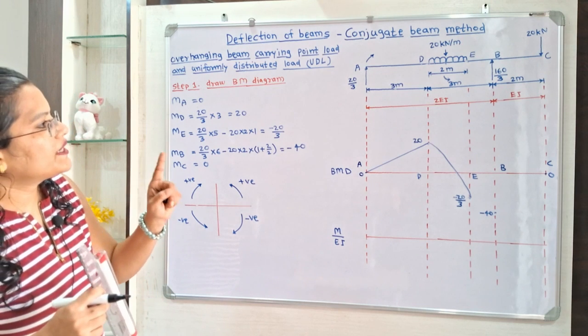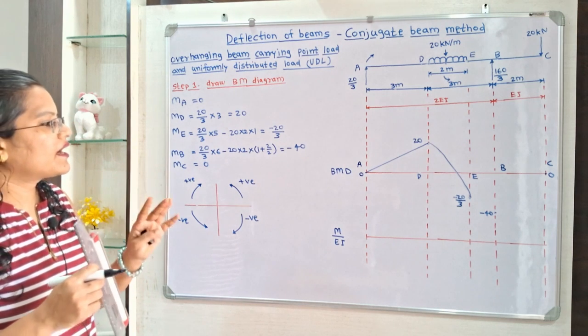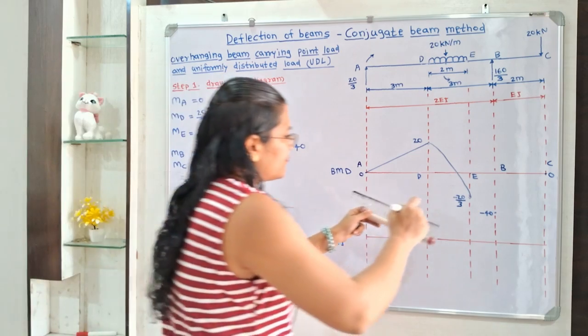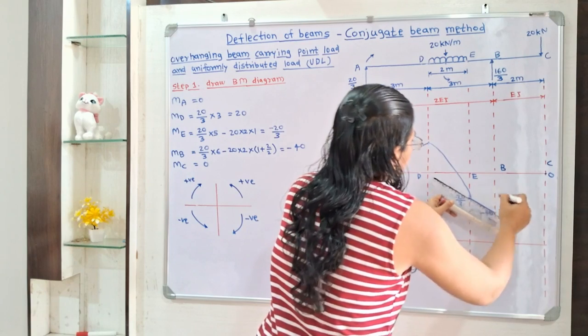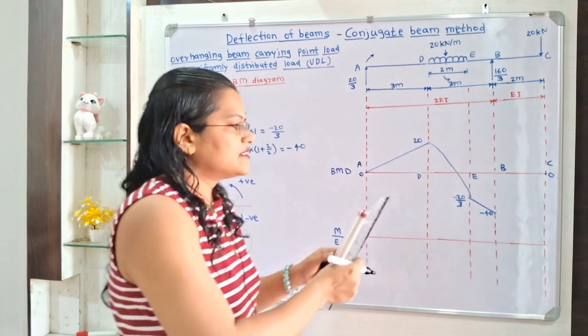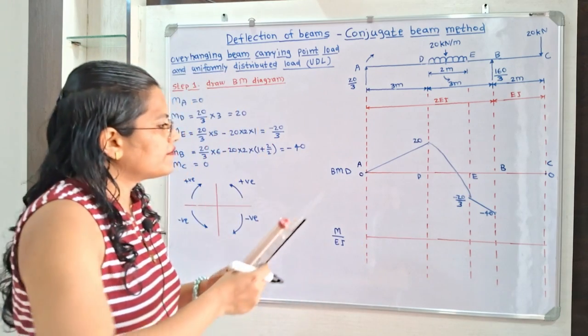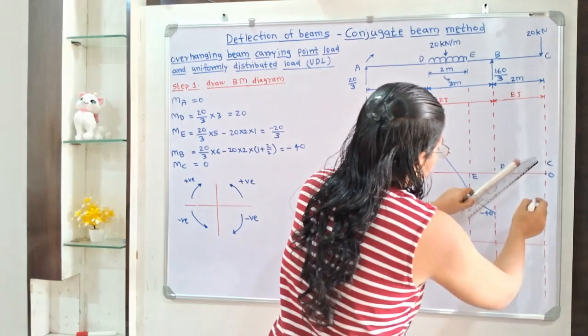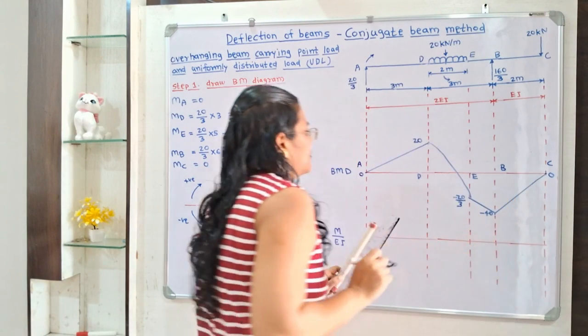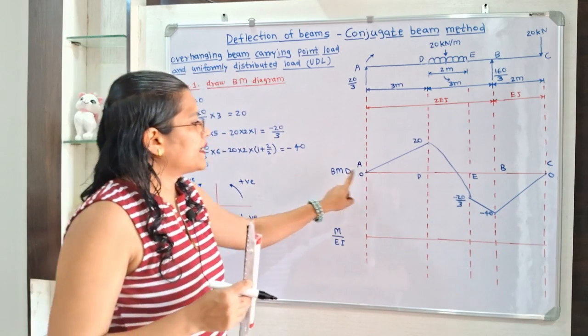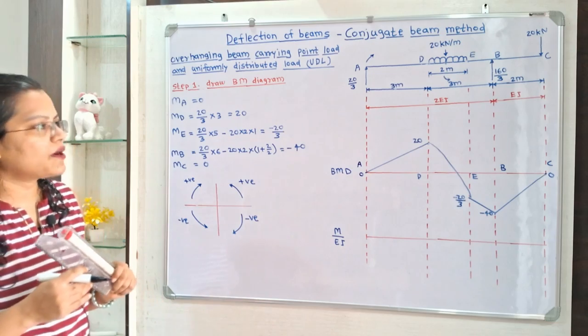And then from E to B, again there is a point load, so again we will show here a straight line, and then B to C there is the point load, so again we will connect with a straight line. So this diagram, that is the bending moment diagram, is getting completed.